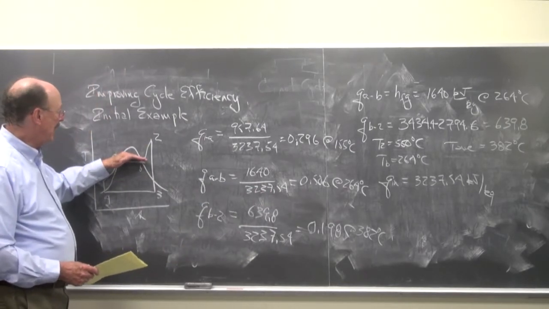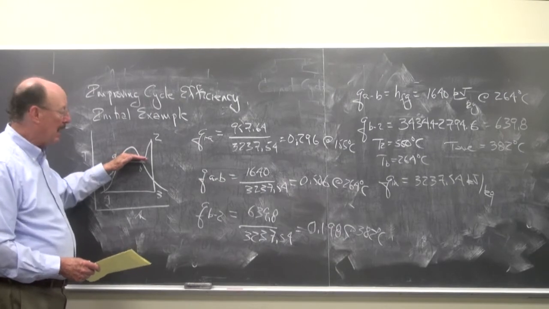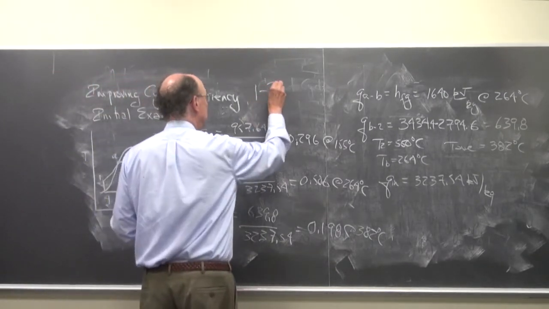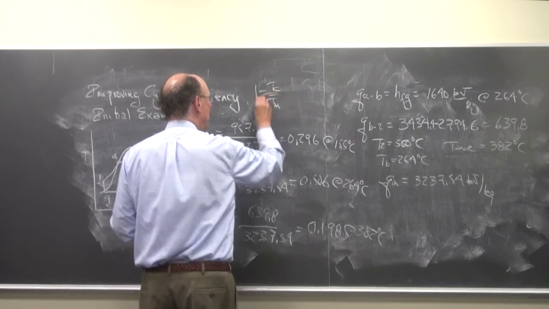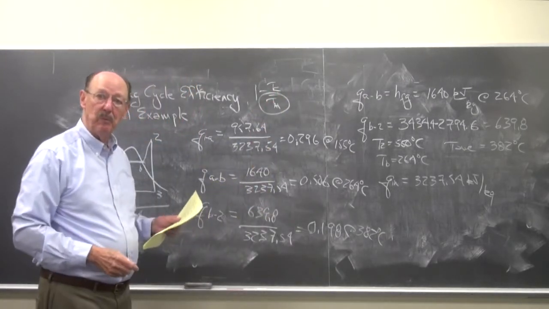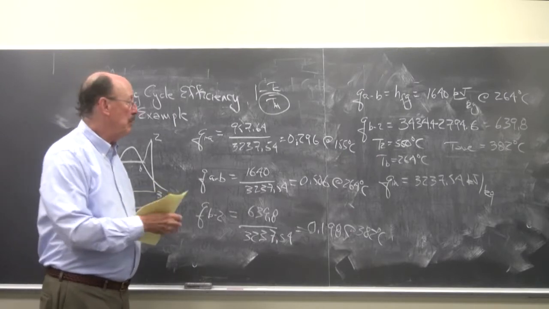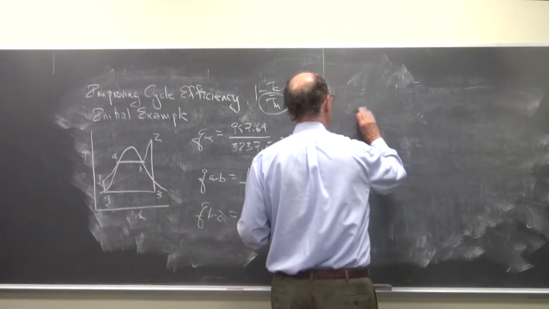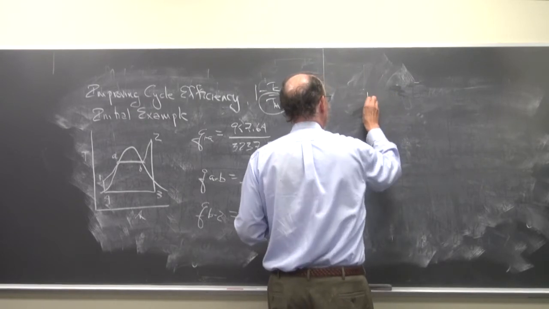We're going to talk about reheat, so how do we improve the TH? So when I did that 1 minus TC over TH, how do I raise that? Well, we're going to look at that, and one of the ways is to have reheat.